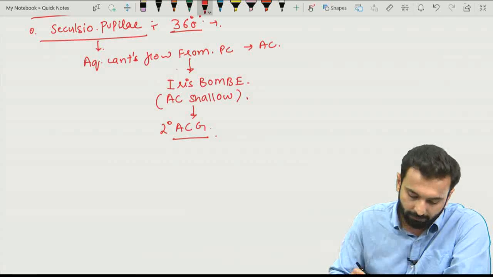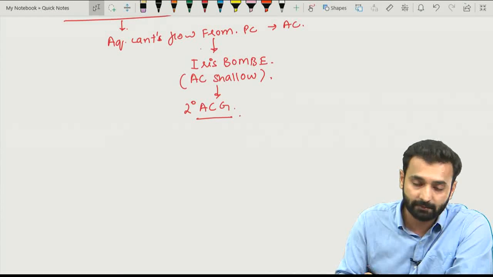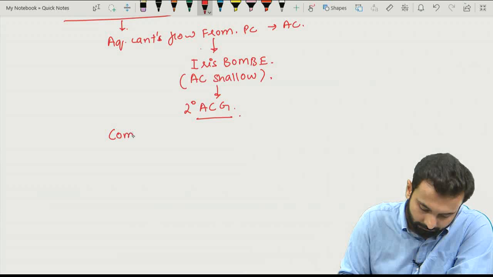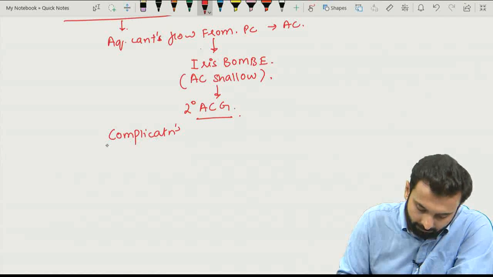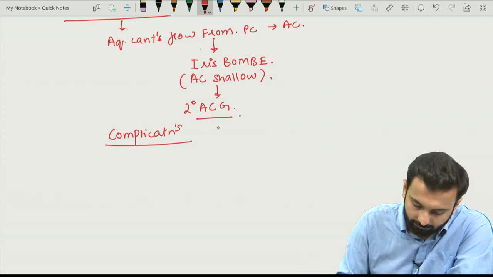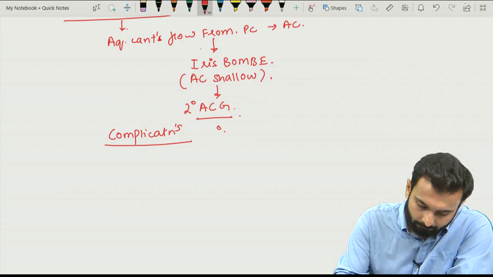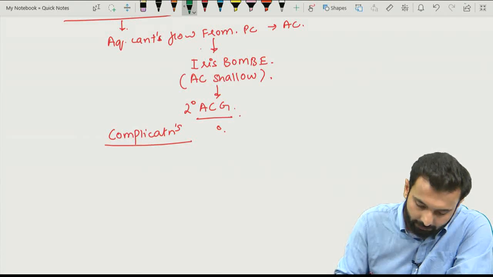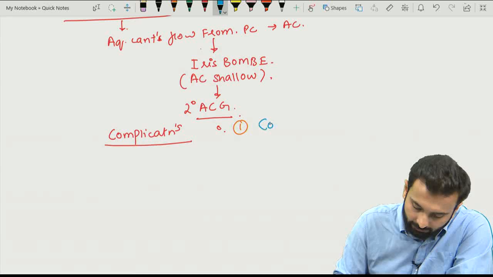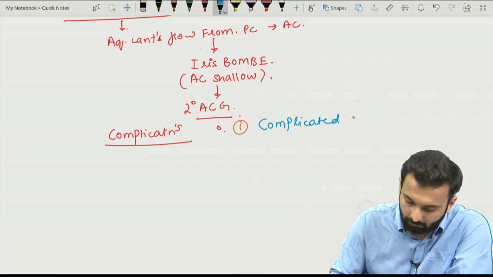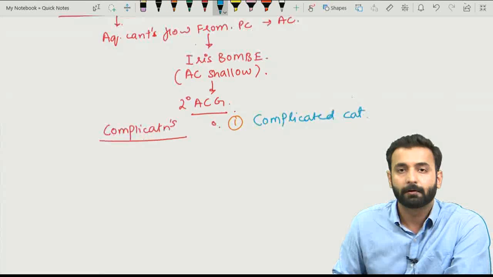One thing you should also keep in mind about uveitis is complications. What will be the complications of uveitis? The most common complication that you should keep in mind is complicated cataract, right?